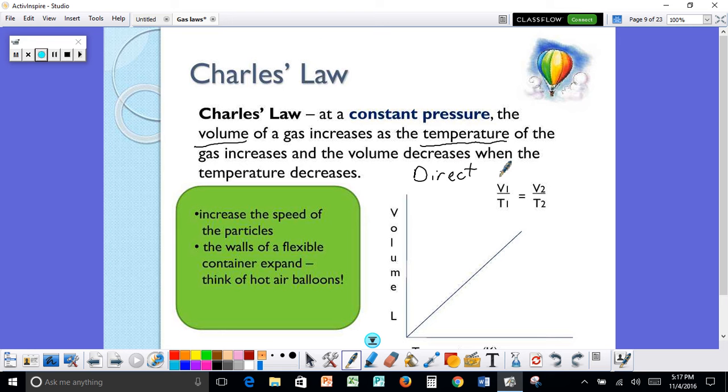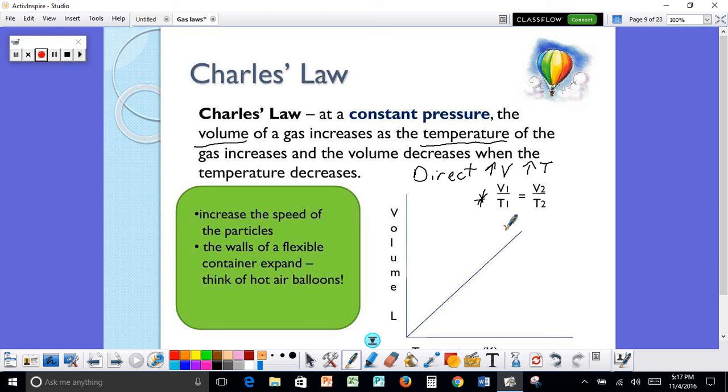So as one side increases, so if we increase volume, that means that temperature should show an increase as well. Looking at the equation relationship here, we have V1 over T1 is equivalent to V2 over T2.